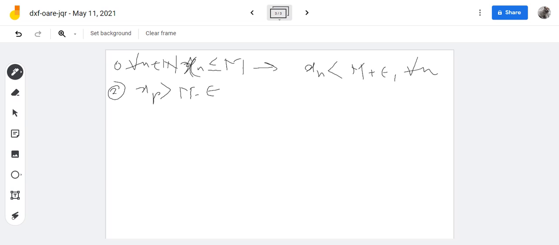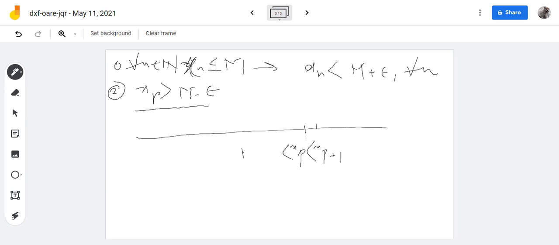Again, since xp is greater than M minus epsilon, suppose this is a sequence and over here there is xp. After xp you will get xp plus 1, and xp plus 1 is always greater than xp because of monotonic increasing.